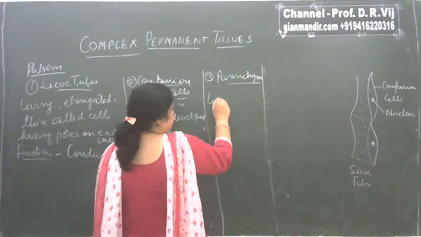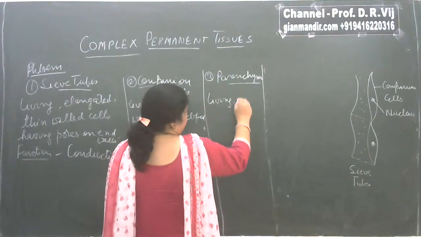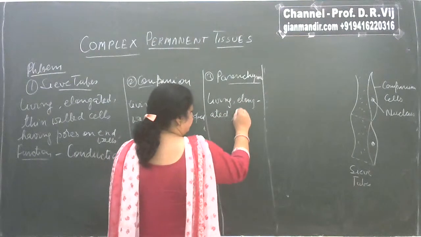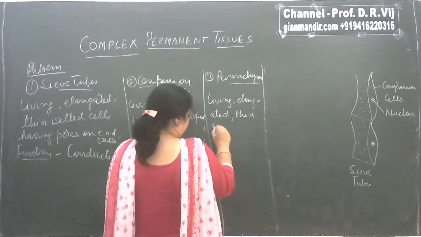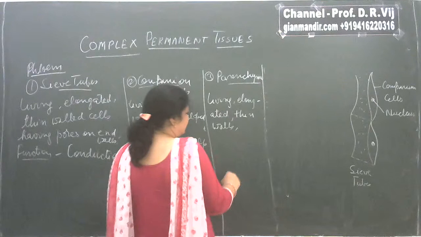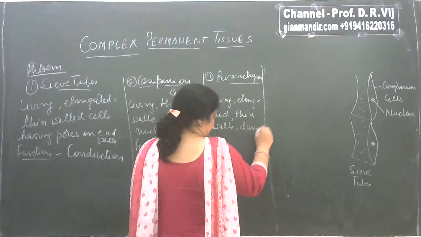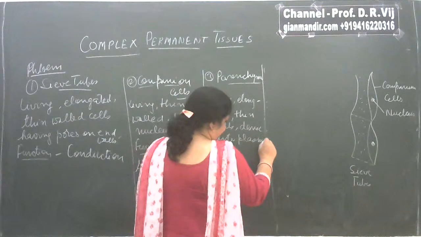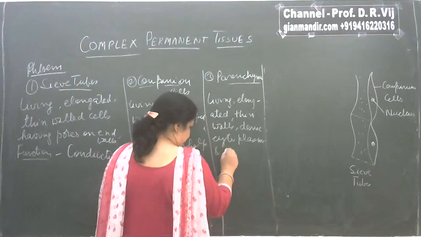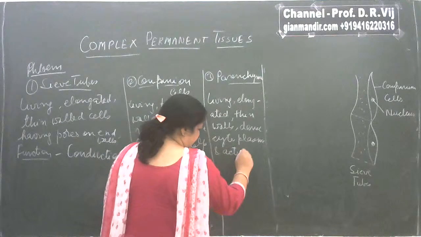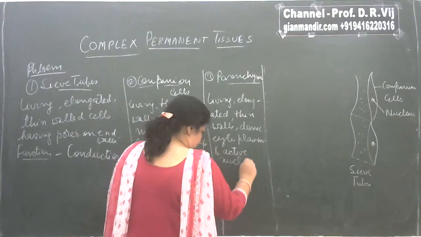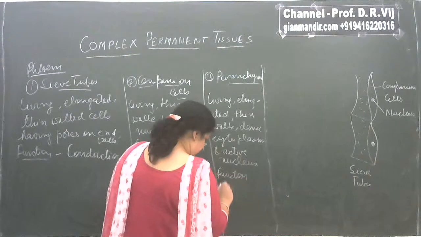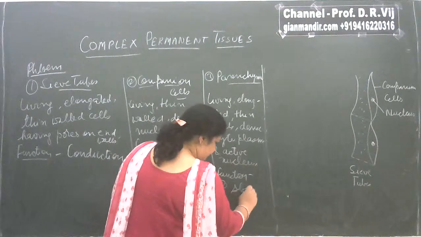Again, these are living, elongated, having thin walls, dense cytoplasm and active nucleus, and their function is to store food.